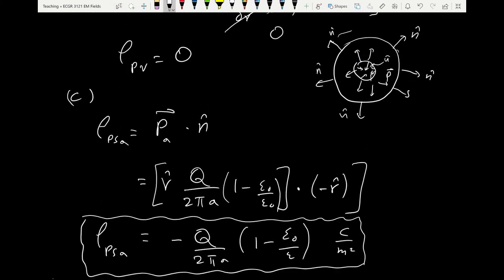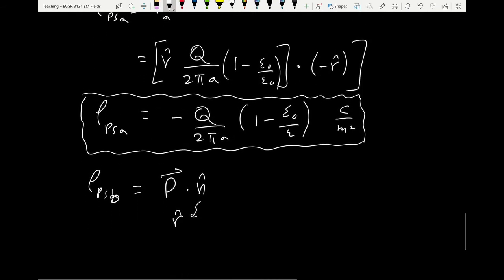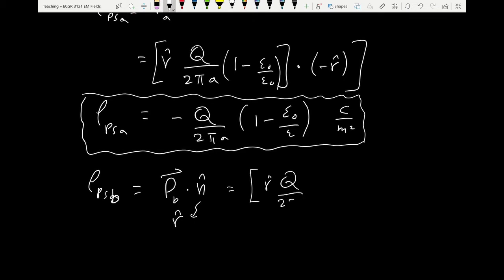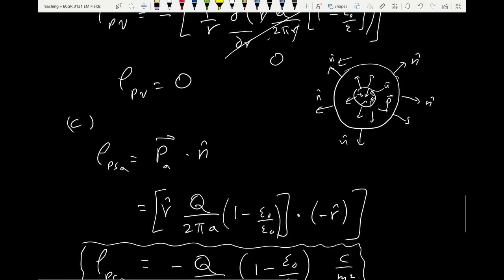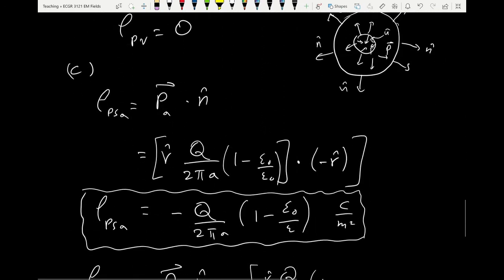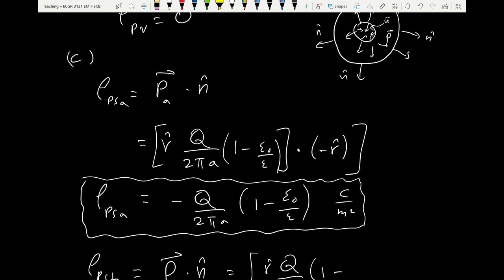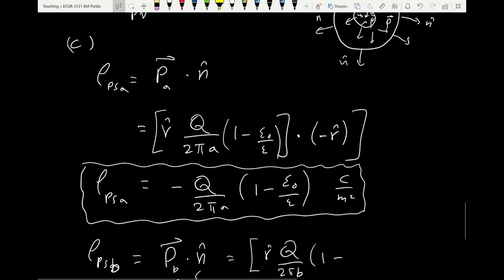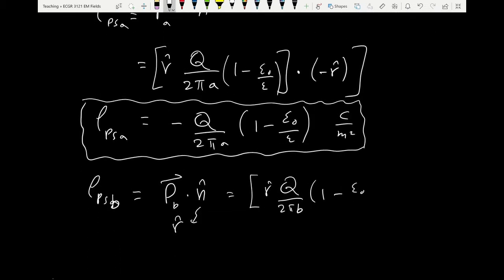So this is P at B, which is again Q over 2 pi b, times 1 minus epsilon naught over epsilon, dot r hat.